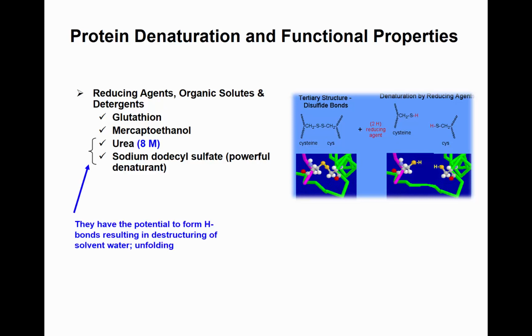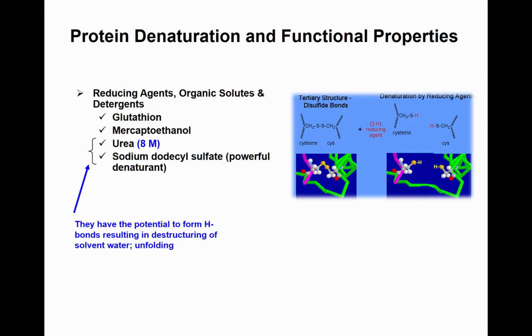Okay, urea and sodium dodecyl sulfate. Sodium dodecyl sulfate is a detergent. It's a powerful denaturant, and it breaks hydrogen bonding, ionic, hydrophobic, and van der Waals interactions. Detergent breaks every type of non-covalent bonding.